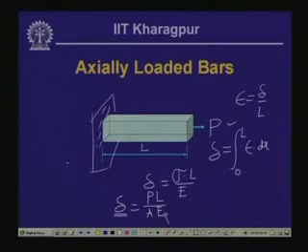And from our stress-strain relationship, sigma is equal to E times epsilon.